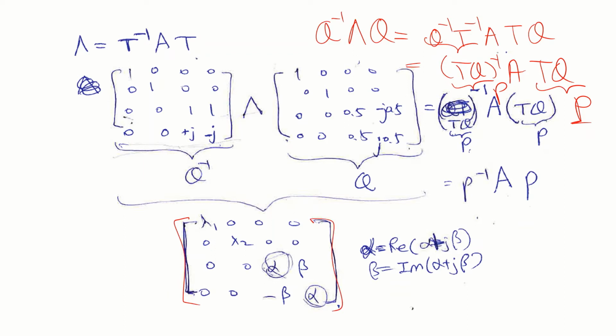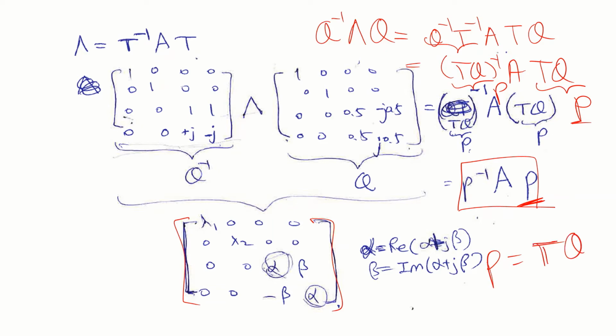This one doesn't contain complex numbers anymore. So you have P inverse A P, where P is basically T times Q.